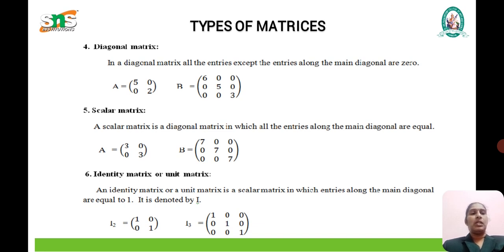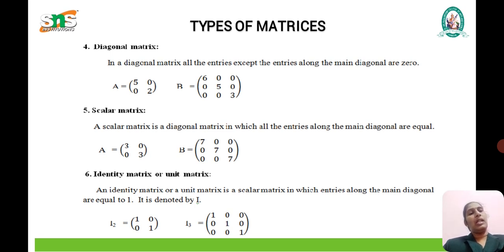A diagonal matrix is a specific case of a square matrix, where only the diagonal elements are present and the other elements are 0. We can simply say that the other entries are 0 and only the diagonal elements are present. A scalar matrix is one where only the diagonal elements are present and they are all the same: 7, 7, 7 means all the diagonal elements are 7, or 3, 3, 3 means all are 3.